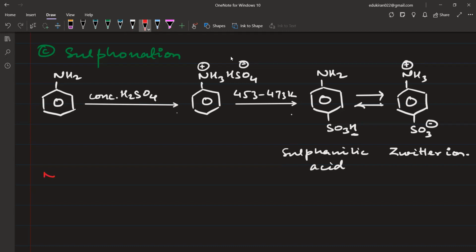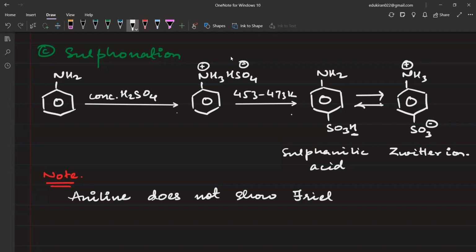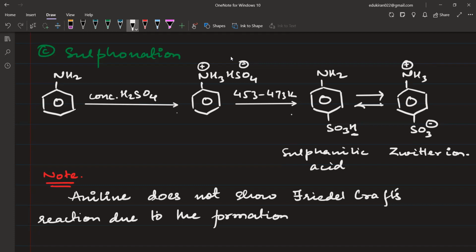And then you will write a note. Please write: aniline does not show Friedel-Crafts reaction, due to the formation of salt with AlCl3.